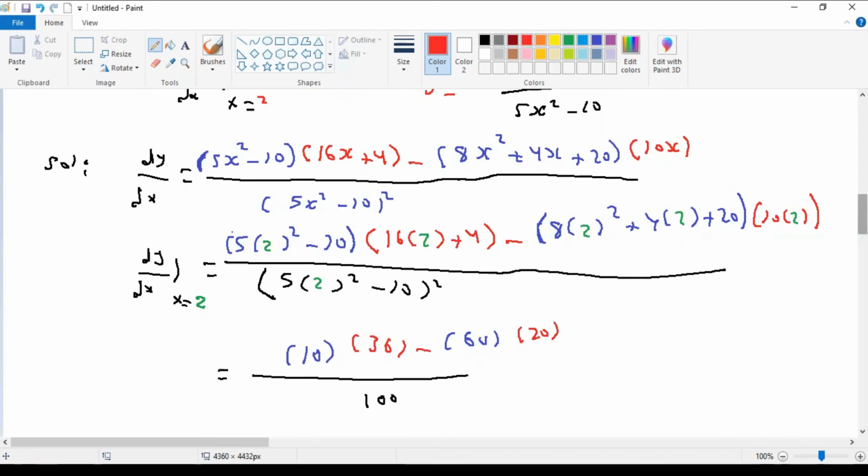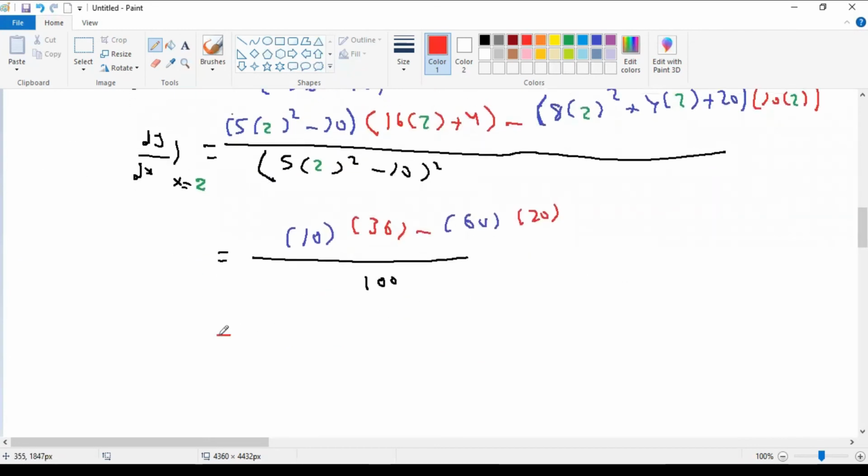Now this one is equal to: in the numerator I have 360 minus 1,200, because the 12 and 2 zeros we have, divided by 100.